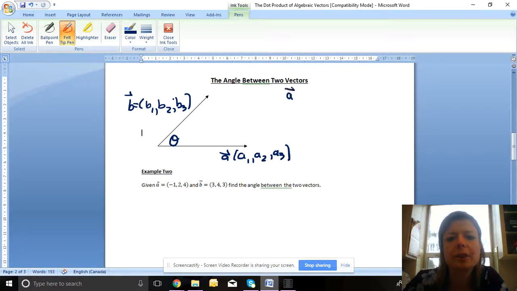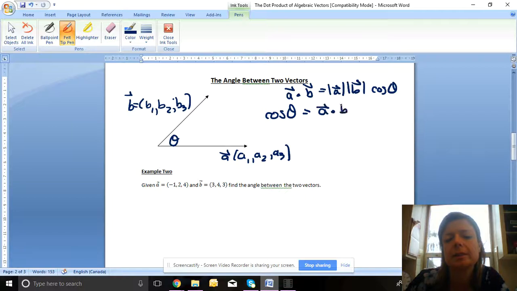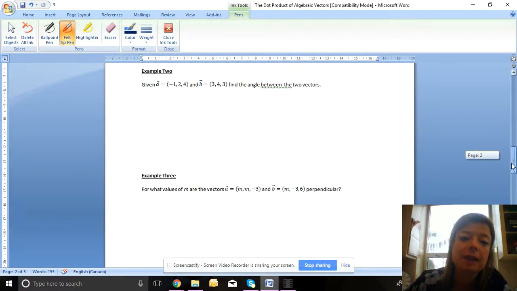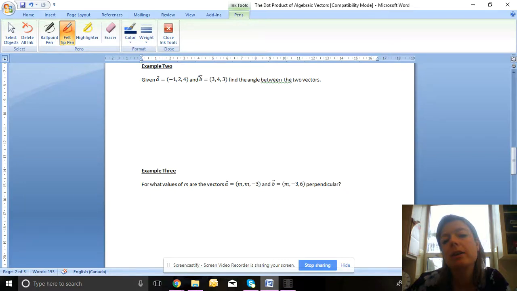Well, we know that the dot product from before is just the magnitude of A times the magnitude of B cos theta. So now we can just rearrange that: cos theta is the dot product divided by the magnitude of each vector multiplied together. Okay, so we can find the dot product and the magnitudes just with the coordinates. So that's a pretty useful thing. We can find the angle between any two vectors in R3 with just their coordinates.